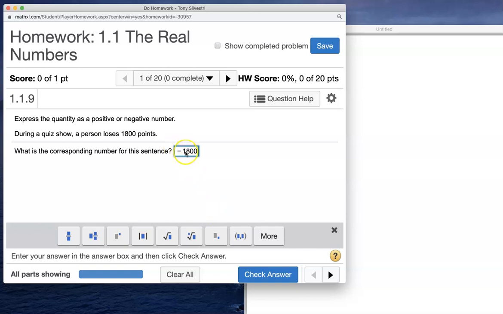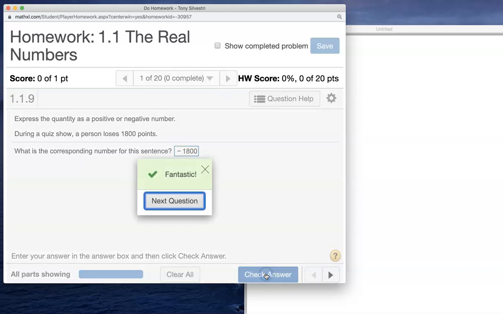I type that into the box if people aren't familiar with the system, and we'll check our answer. You'll see a nice green box that says I'm fantastic. If I got that wrong, then I get a red box that says try it again. You have, I think, 3 tries to answer a problem before it marks it wrong. But even then, you can ask for a similar question. I'll get the next ones purposely wrong and show you what happens in the system.